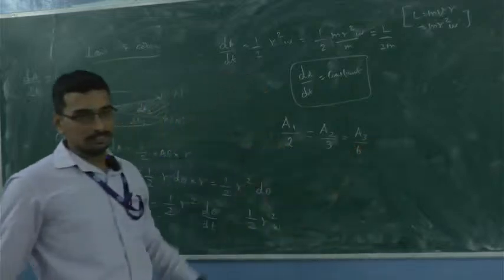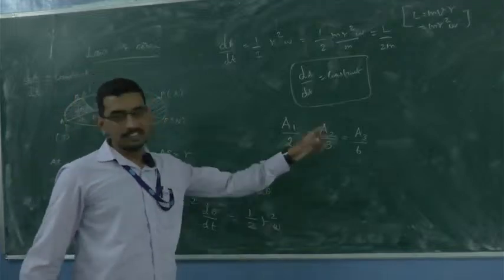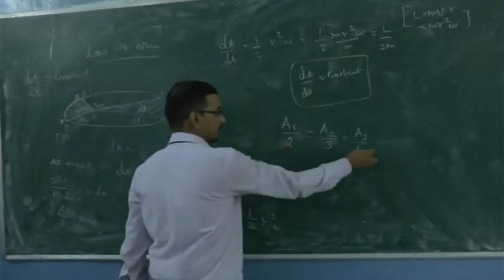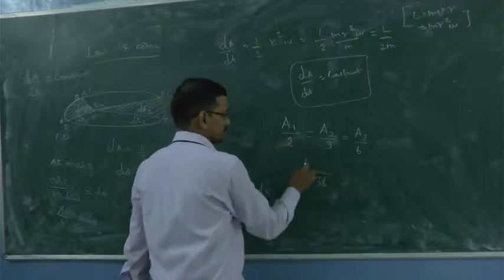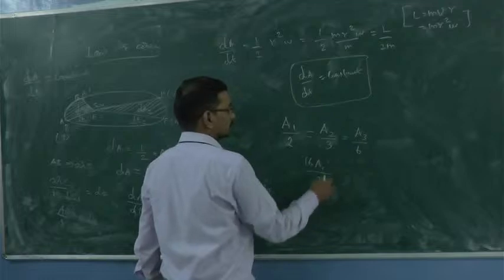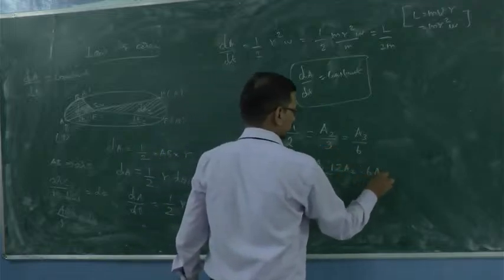Now we have to relate. Taking the LCM of 2, 3, 6, it is 36 as the common term. In 36 we have 18A1 is to 12A2 is to 6A3.